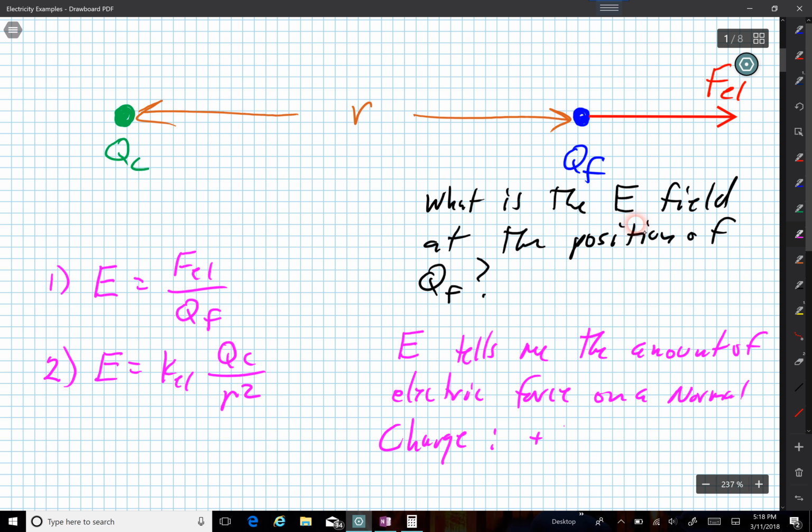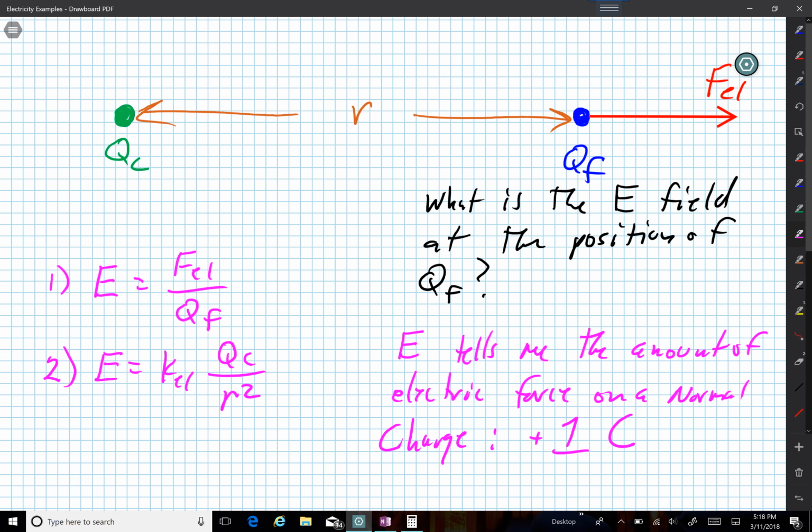And a normal charge is +1 Coulomb. Well, I don't have +1 Coulomb. My field charge is 20 microcoulombs. That's okay. Electric field is normalized. It tells me what if I had +1 Coulomb at this location, how much force would it feel? That's what electric field tells me. And both of these equations tell me that.